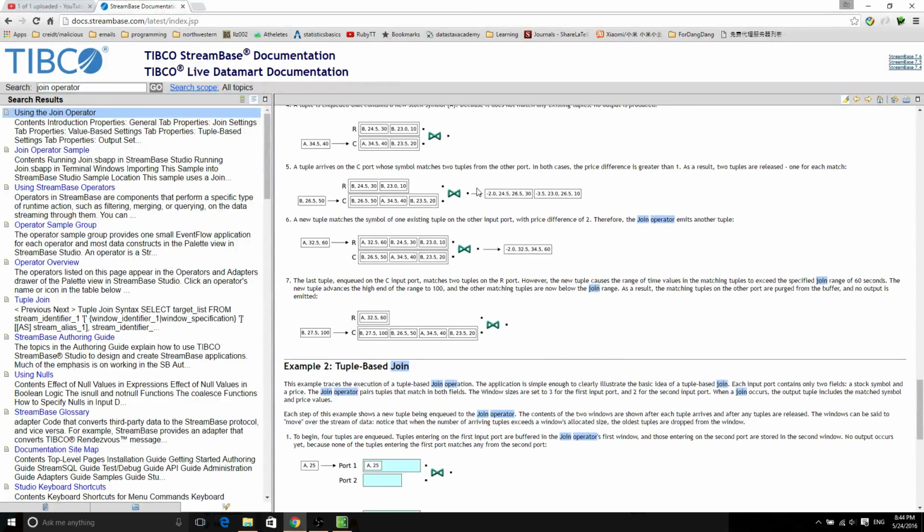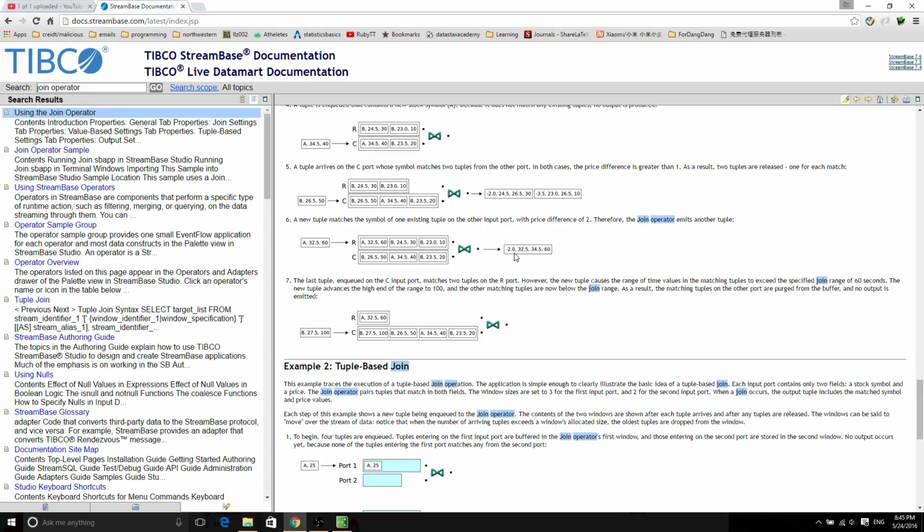Let's go to the next input, which is A, 32.5, 60, and it goes into the first input. The symbol needs to match with A, and there's only one A here. The difference between 32.5 and 34.5 is more than 1. And 60 and 40 are 20 seconds away, therefore it is within the 60-second range.